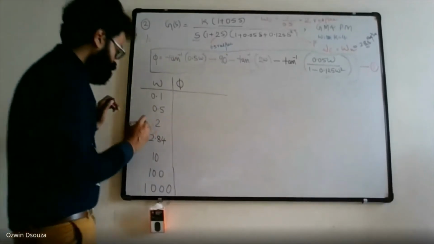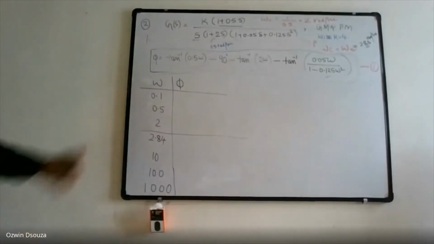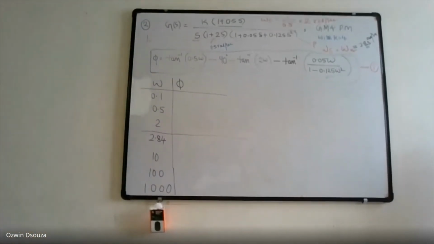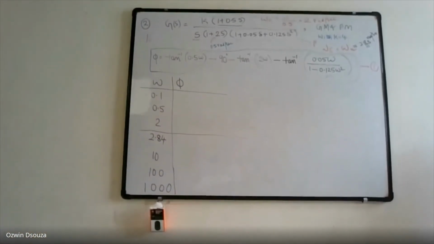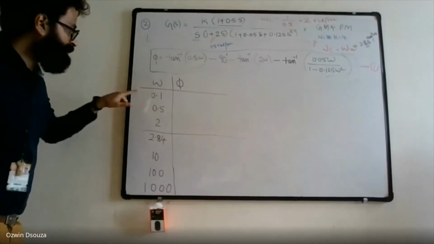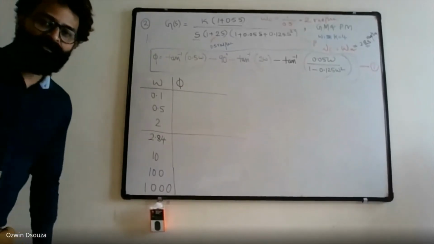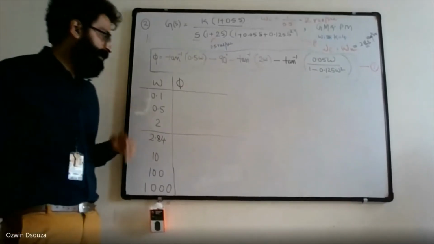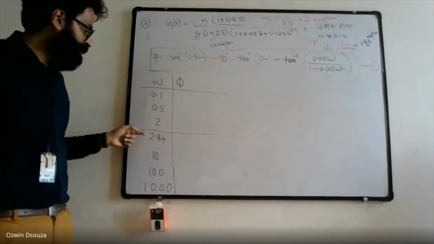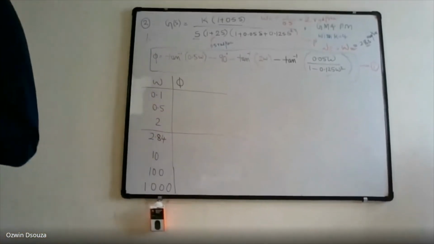Now, let us divide this frequency into two parts. For frequencies from 0.1 to 2, you can say that omega n doesn't come into picture, right? So omega n comes into picture beyond this frequency, because omega n is 2.83 radian per second.